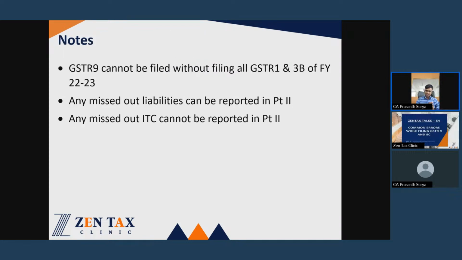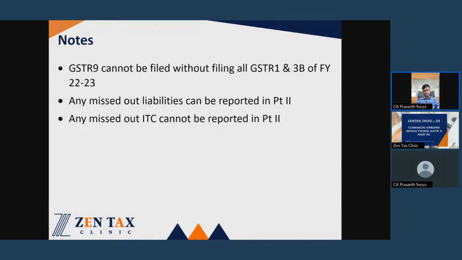GSTR9 cannot be filed without filing all GSTR1 and 3B of financial year 23-24. Only if you have filed the March 2024 GSTR3B will your GSTR9 be enabled. Without filing GSTR3B of March 2024, we cannot proceed to file GSTR9; it will be disabled.